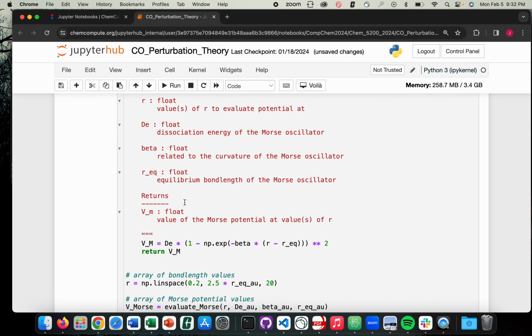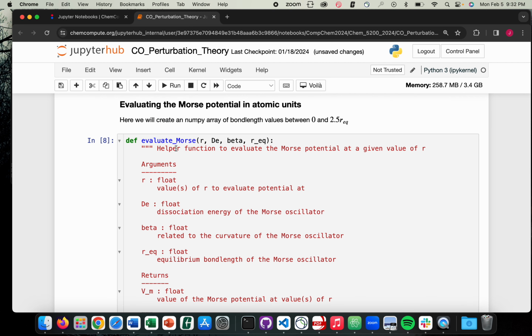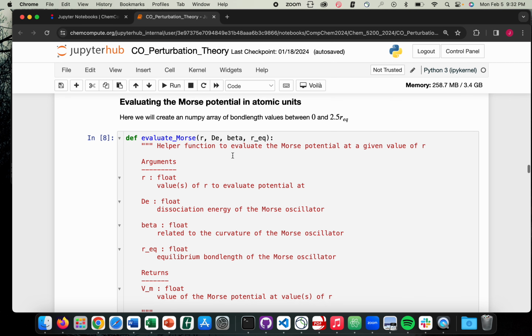Okay, so we already wrote this together on Friday, but this is a function to evaluate the Morse potential. And this is going to give us a reference potential that we're going to be building approximations to in the first part of this notebook.